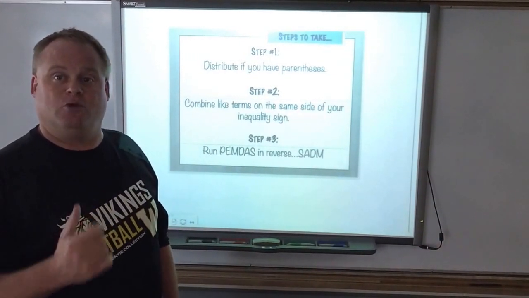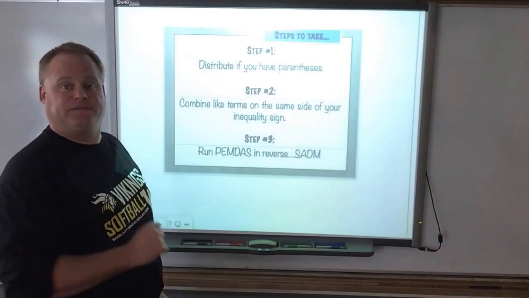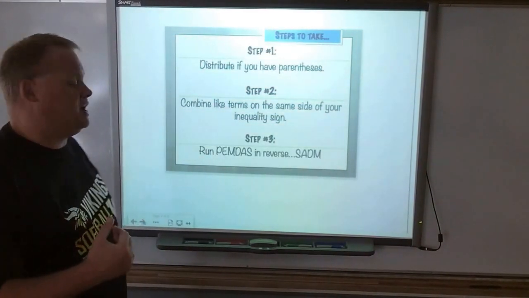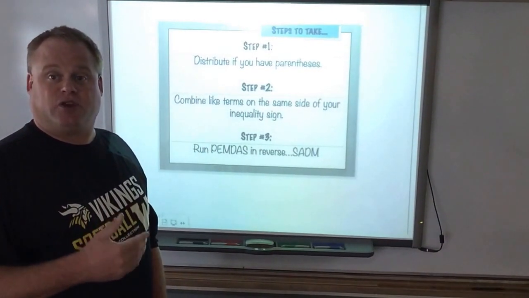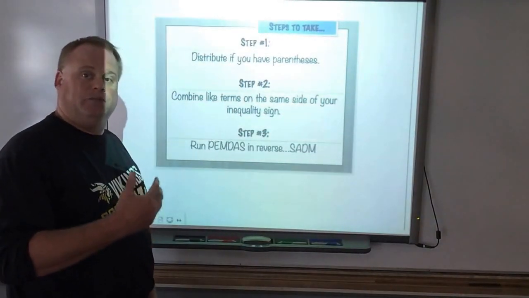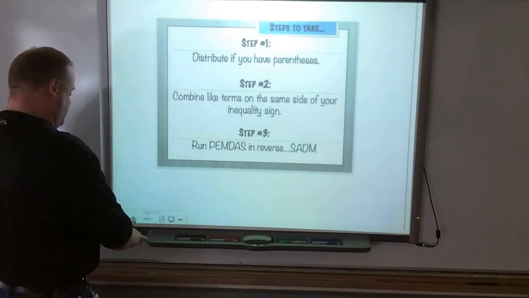We don't start moving things. We want to combine or simplify on a side first. And the third one is we're going to run PEMDAS in reverse, meaning we want to get rid of subtraction and addition first before we do division and multiplication. Those are kind of the simple steps.